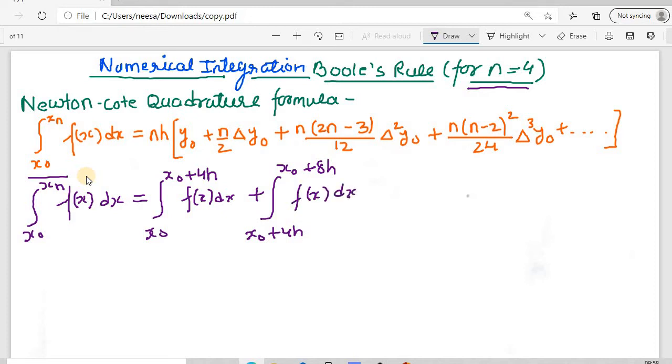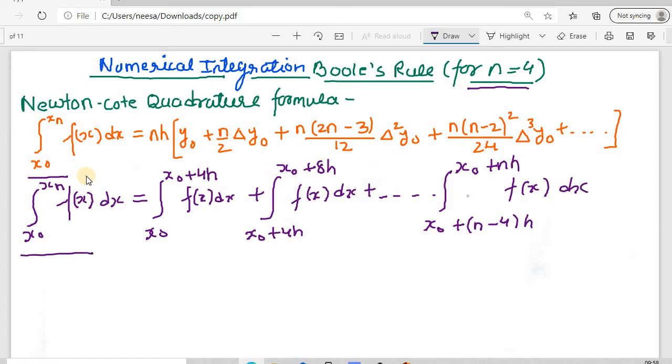In the same way, we can subdivide into more and more intervals, going till x0 plus (n minus 4)h to x0 plus nh of f(x) dx. In this way, we can divide the larger integration into smaller subintegrations and sum them to evaluate the larger integral.